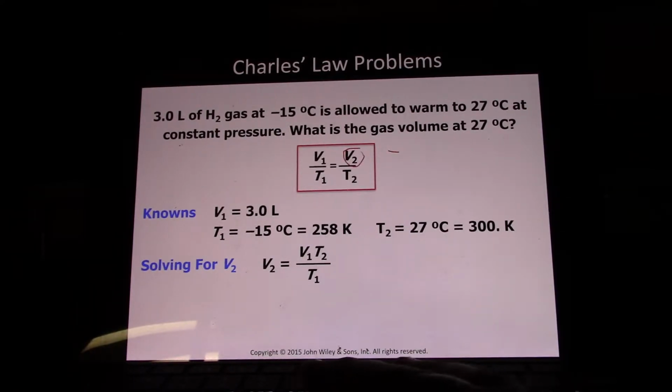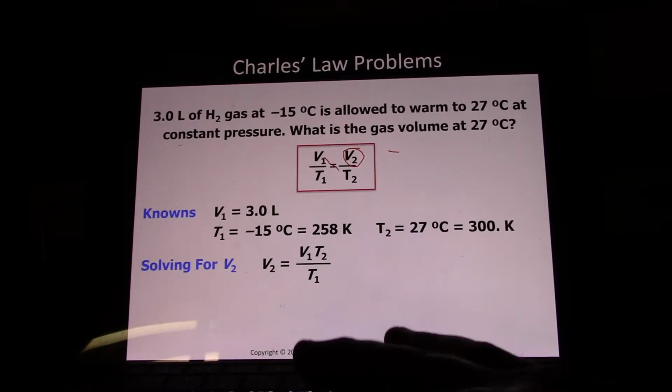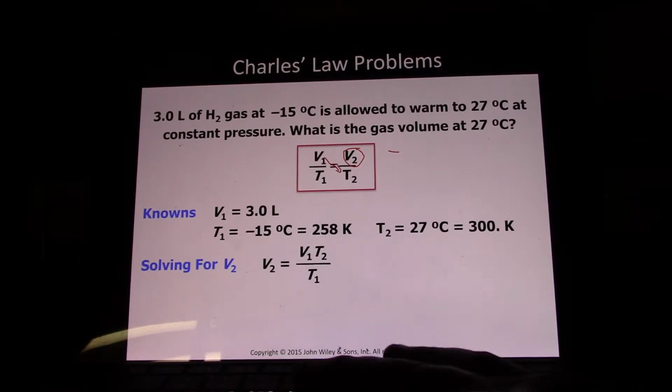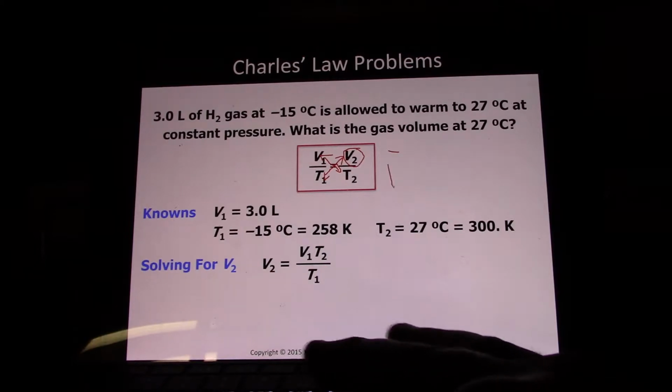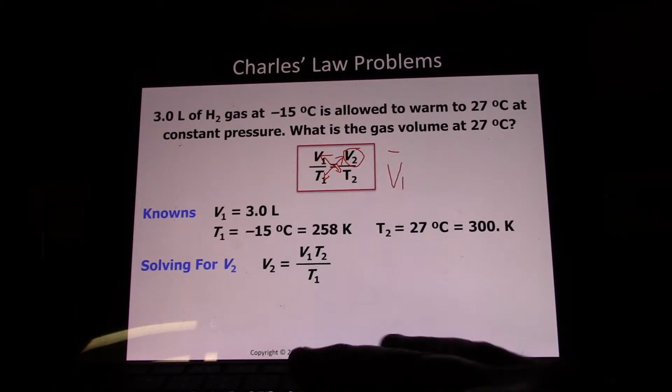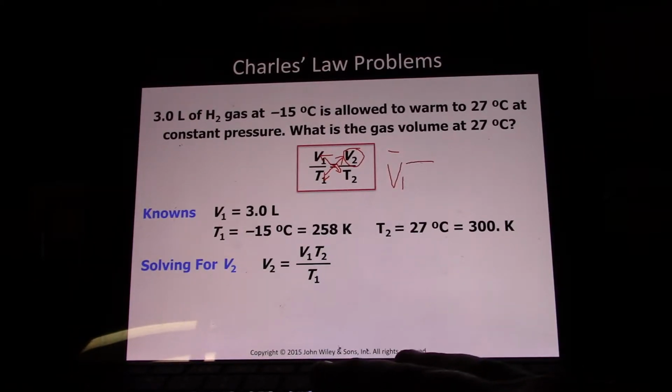So, step 1, we must cross multiply because we have something in the denominator. So we cross multiply to get rid of that. When we cross multiply, we get V1 T2 equals V2 T1.